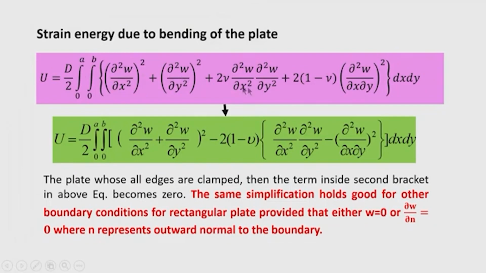You see the integration of each term. That means if you integrate this term, say this is integration part I 1, then integration of this part will be I 2. The integration of del square w del x square times del square w del y square, with 2 into mu, will be the third integral I 3, and then the fourth integral, del square w del x del y, whole square, double integration, and the coefficient is 2 into 1 minus mu, with respect to dx dy.